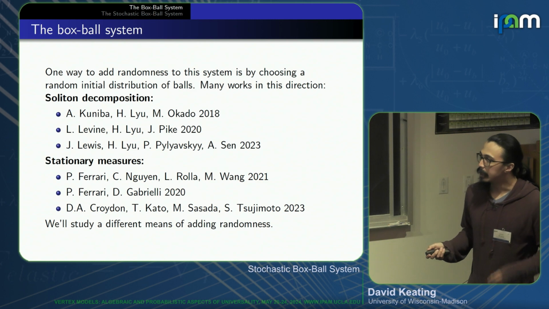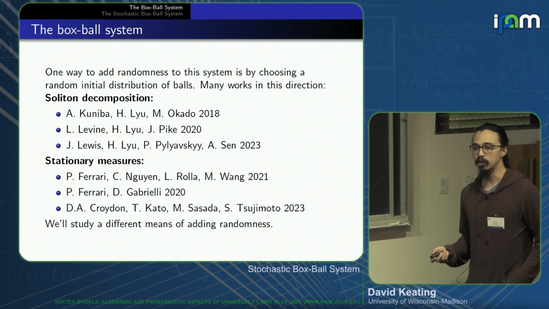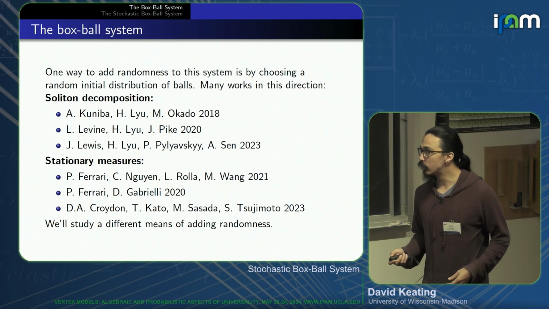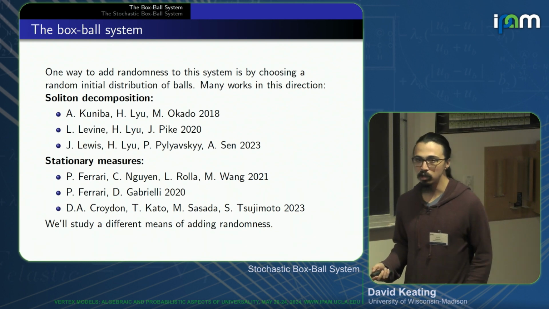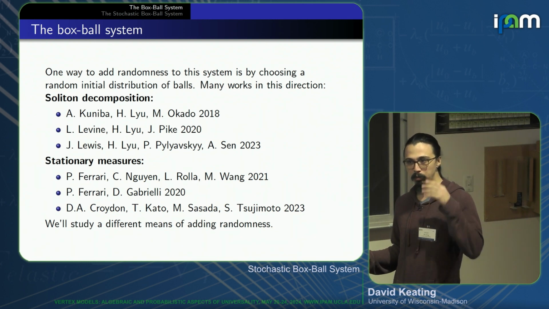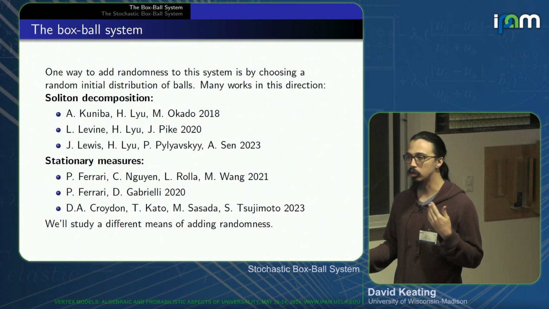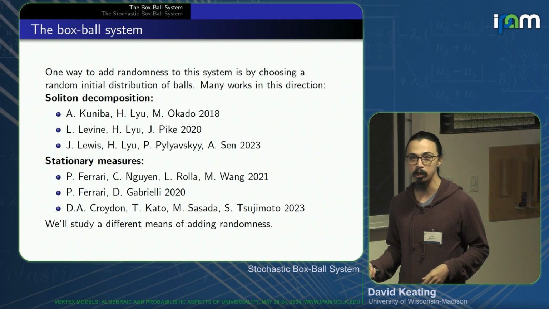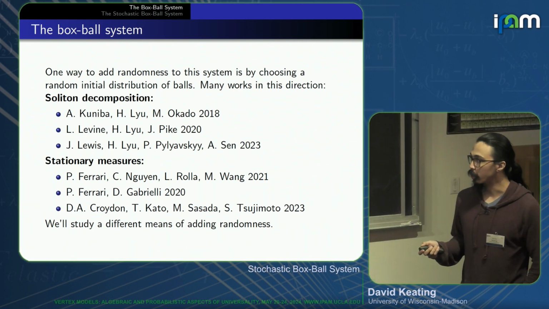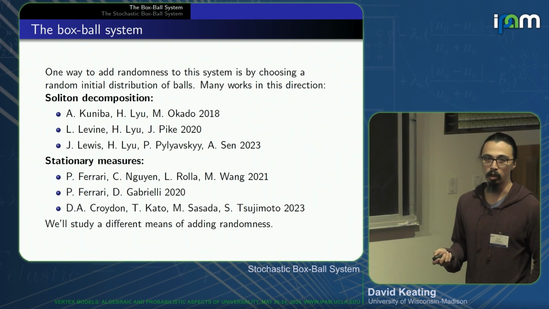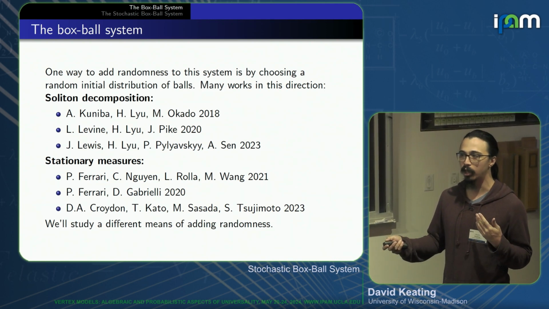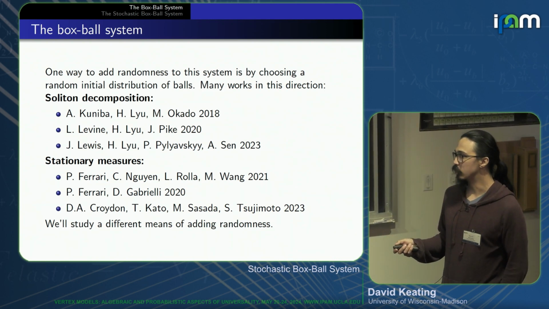So one way to add randomness to the system would be to start from random initial conditions. And if you do this, you can ask a lot of questions. One class of questions people ask is, what does the soliton decomposition look like for some choice of random initial conditions? There are many results of the form, what does the limiting Young diagram look like for these sorts of things?